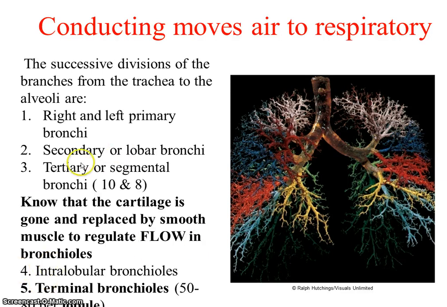We just talked about, from tertiary, the intralobular bronchioles, so lots and lots of those, generally about 22, 23 more branches. And then we get to the last part of the conducting division called the terminal bronchioles. And one of your models shows this really well. In the terminal bronchioles, there tend to be 50 to 80 of these per lobule. So again, when you go back into lab and look at the lung models, you'll see that there are these lobules on the surface that you can recognize.